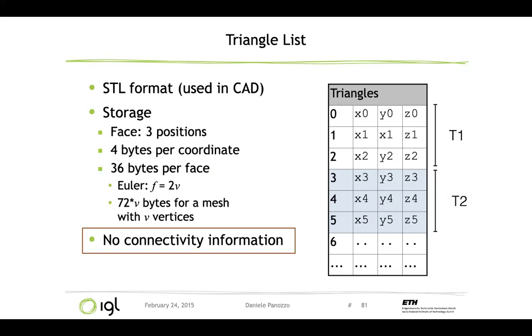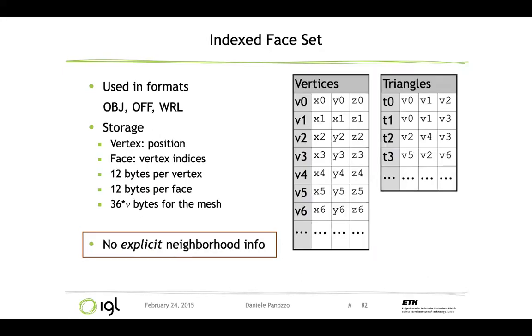But this representation is adopted by the STL format that's used in CAD for 3D printing, things like that. And then you have the index face set, which is used for graphics in formats like OBJ and others. And here the idea is to not have any redundancy.